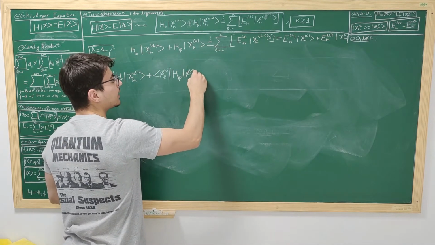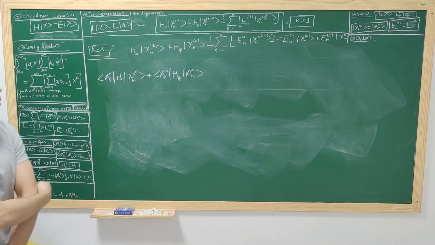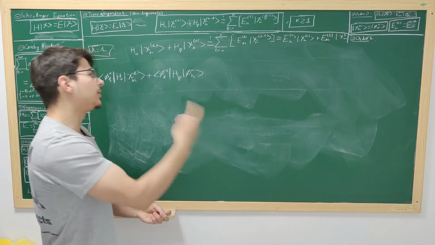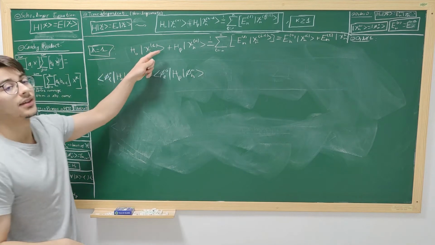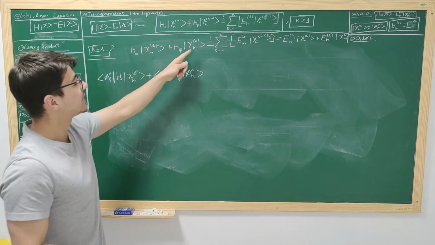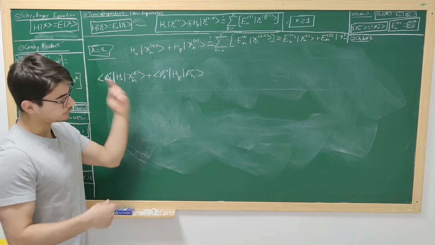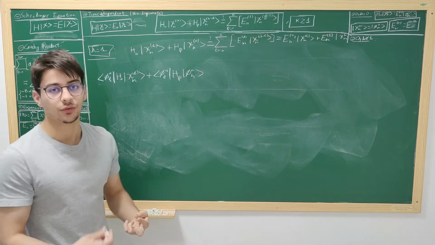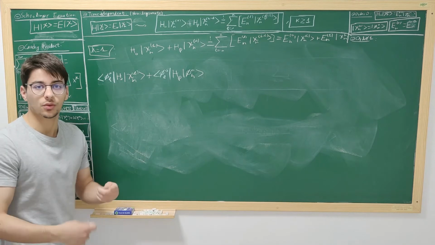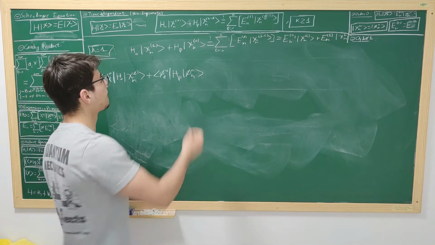So this is what I mean when I say that whenever we want to find the order of k, we need the previous orders. That is, to find k equals 1, we need to know what k equals 0 is. To find k equals 2, we have to know k equals 1, k equals 0, and so on, for higher orders.